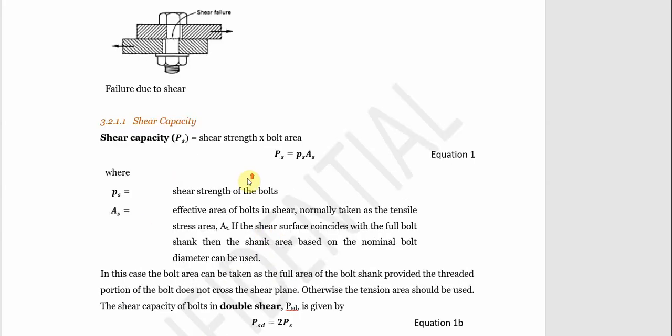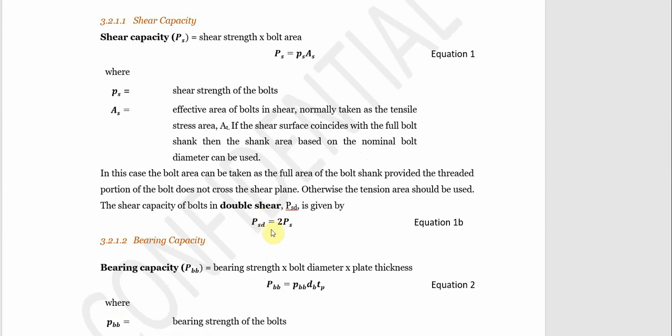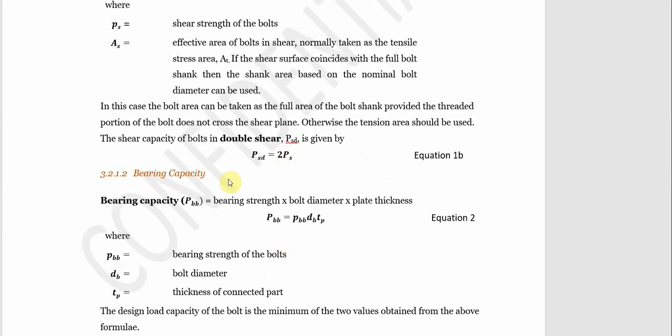However, if it is for double shear failure, the formula is this. And there's something we call the bearing capacity, which I've explained the other time too. The formula for bearing capacity according to BS 5950 is bearing strength times bolt diameter times the plate thickness. Now this is your bearing strength, this is your bolt diameter, and this is your plate thickness.